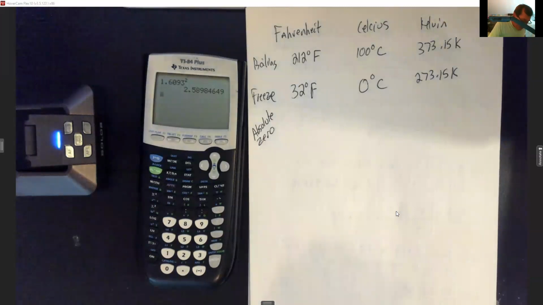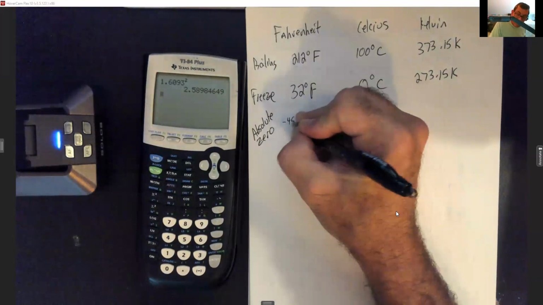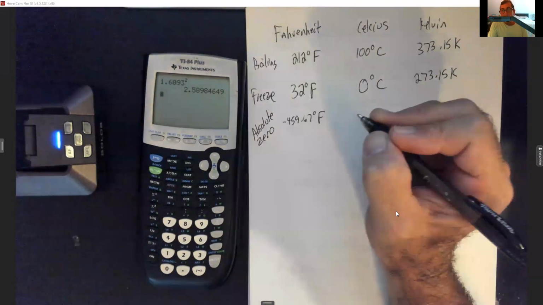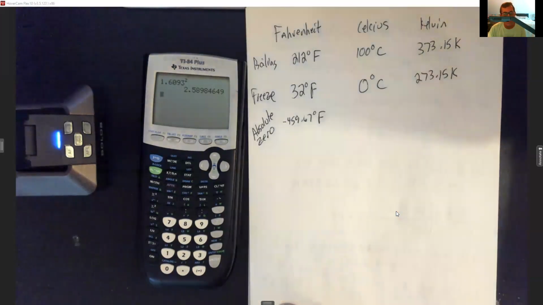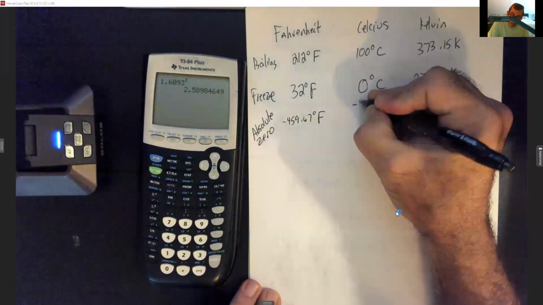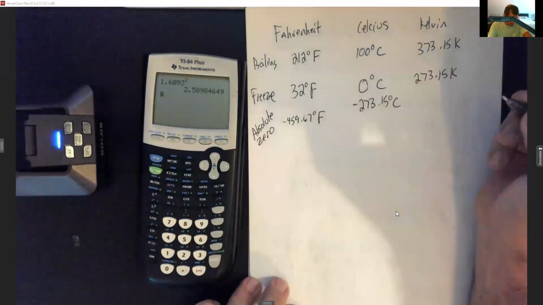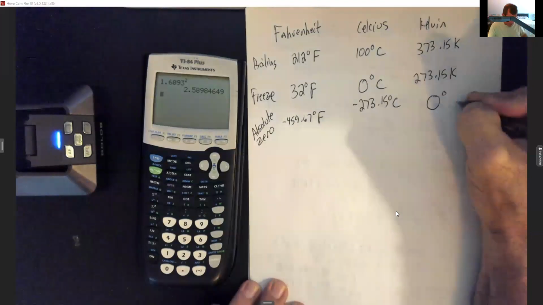Absolute zero in Fahrenheit would be negative 459.67 degrees Fahrenheit. Nothing moves at that temperature. That's where motion just doesn't exist. Celsius would be a negative 273.15 degrees Celsius. And on the Kelvin scale, it is 0 degrees Kelvin.